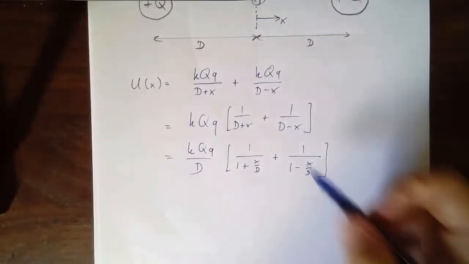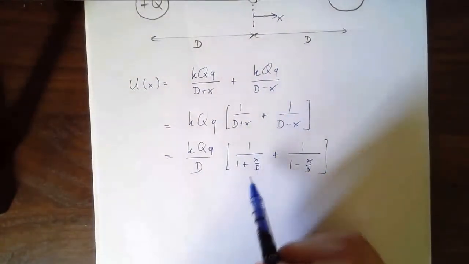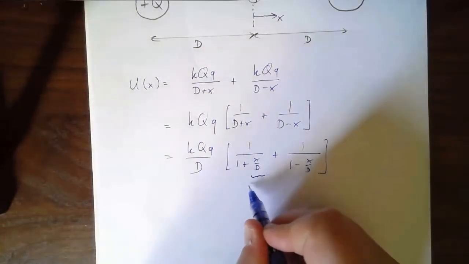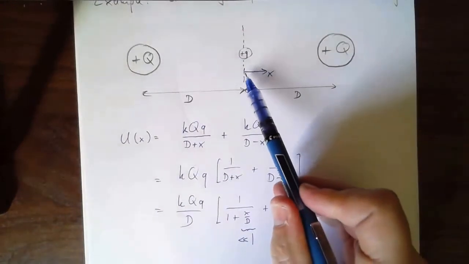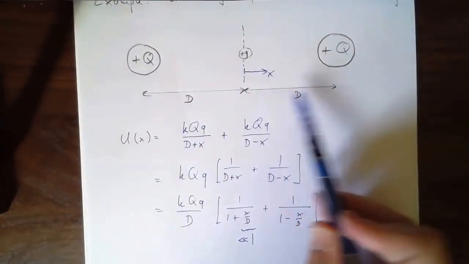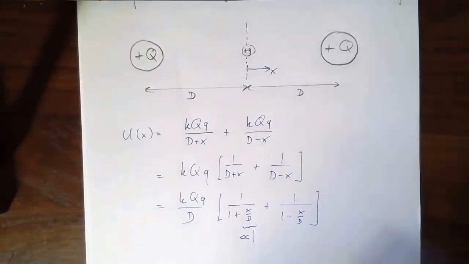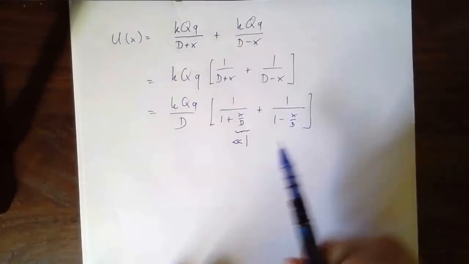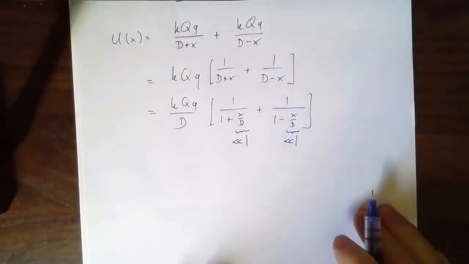Make sure you follow algebraically what I'm doing here. So this here is small. This part here is a lot smaller than 1, because I'm assuming the displacement of this charge, left-right, is a lot smaller than that distance here. That is, in this case, what I mean by the oscillation being small. Of course, this is the same thing, so this is also a lot smaller than 1.